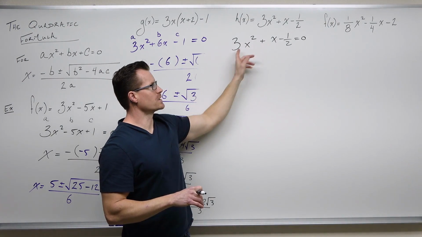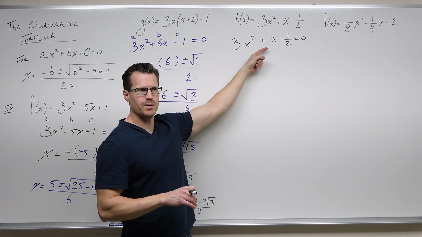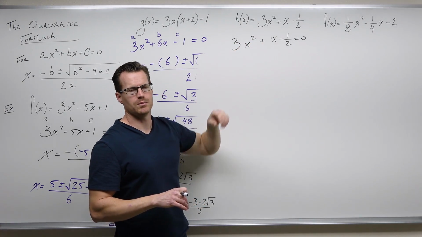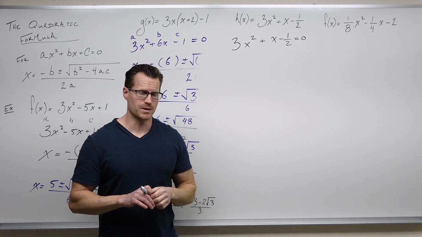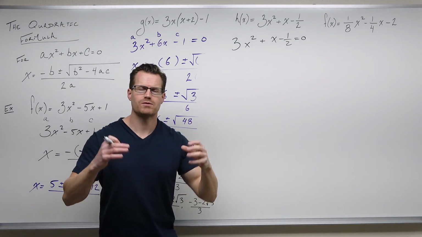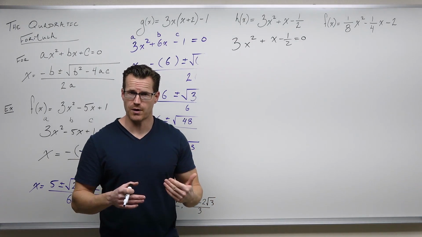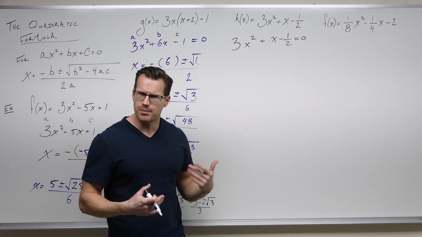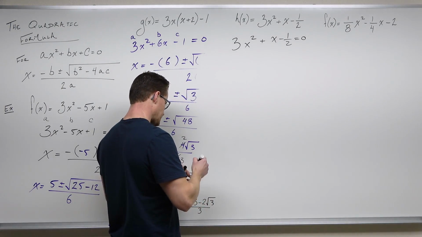Before we do factoring, it wouldn't work here anyway, but we wouldn't check with a fraction anyhow. Before we even think about completing the square, and we actually did that problem in completing the square, we're going to get rid of all our fractions. Especially if you do quadratic formula, get rid of your fractions. Find your LCD. In this case, it's 2. Multiply both sides by that 2.